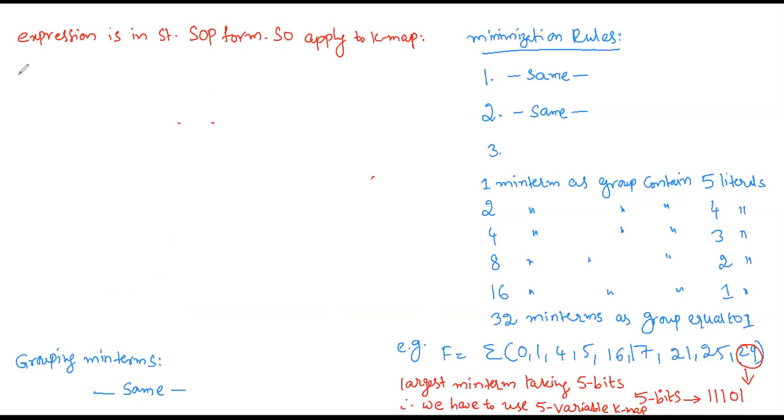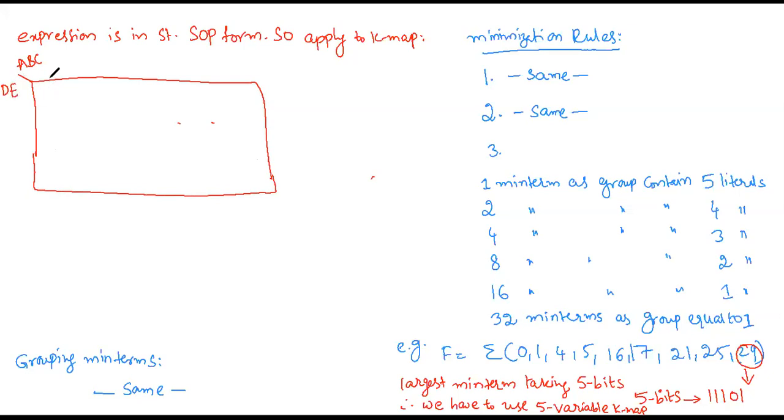In applying to the K-map, wherever the minterm is present, in the corresponding box, keep 1.